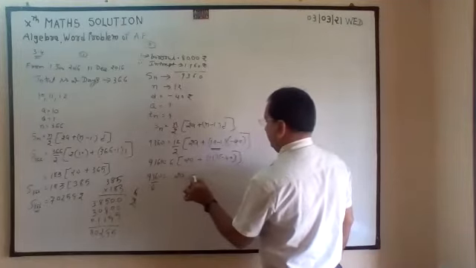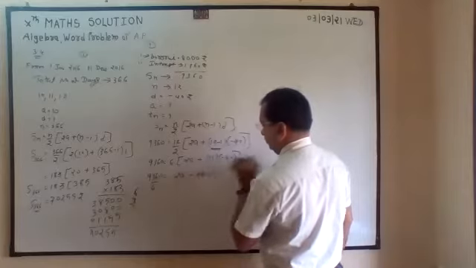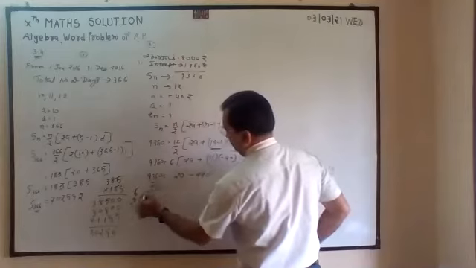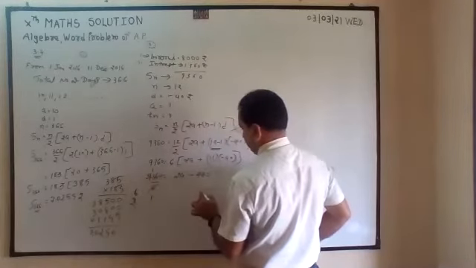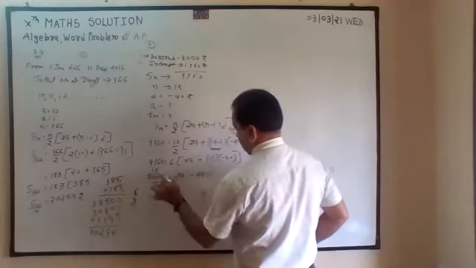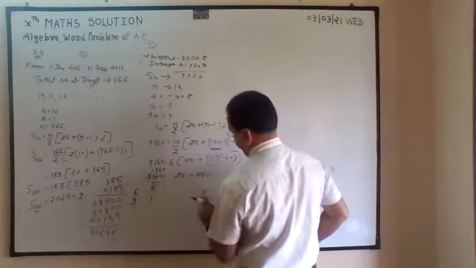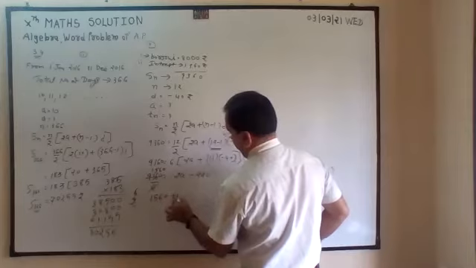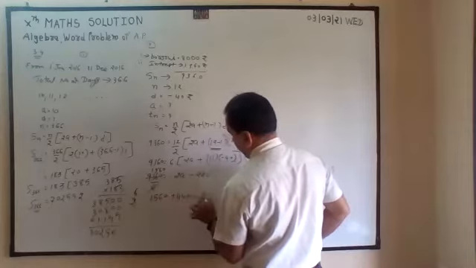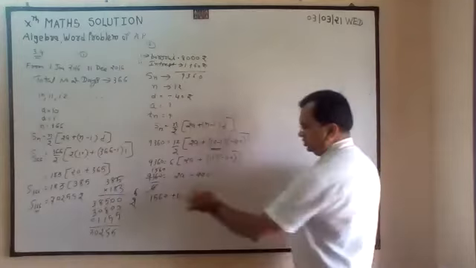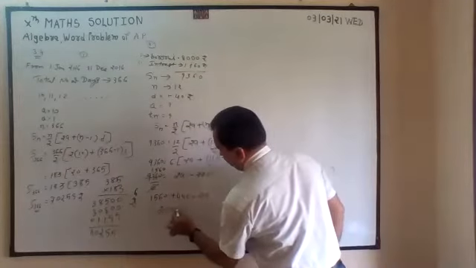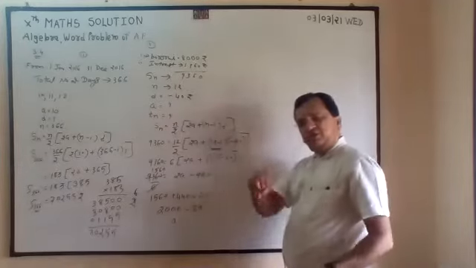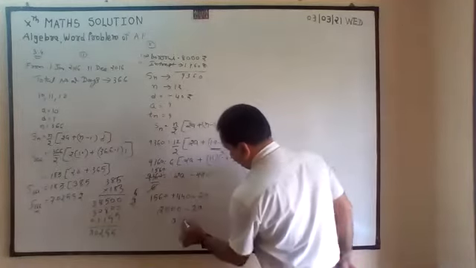So 2a minus 440. Divide by 6, so 2a plus 440 is equal to 2000. Therefore, 2a is equal to 2000, and a is equal to 1000.